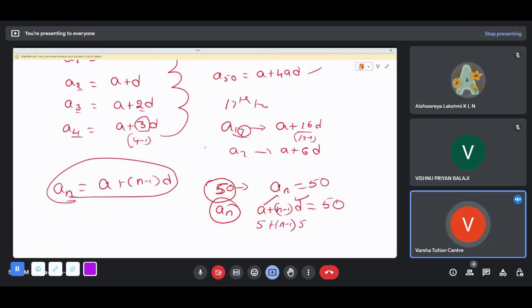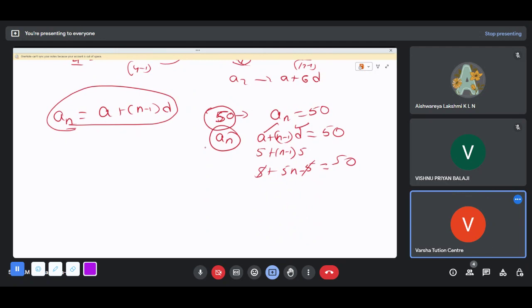So 5 plus 5n minus 5 is equal to 50. Cancel the 5 and 5. What is left, tell me? 5n is equal to 50. n is equal to 50 by 5, so n is 10. It is the 10th term.